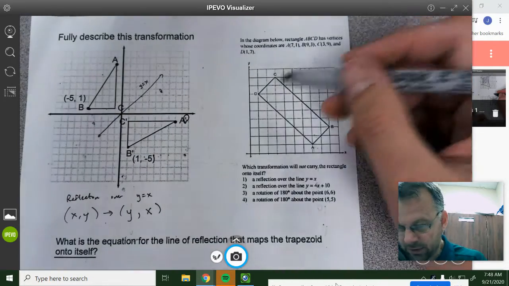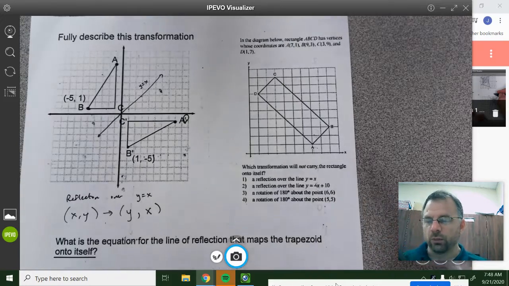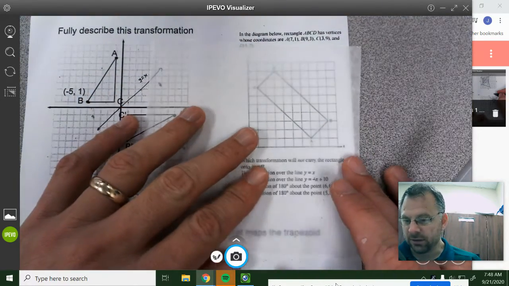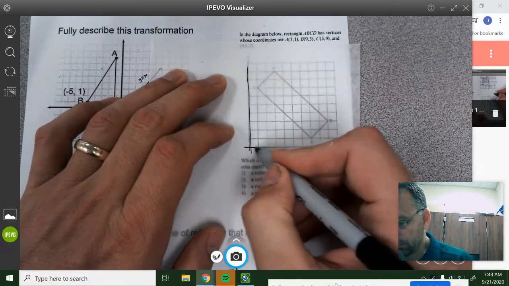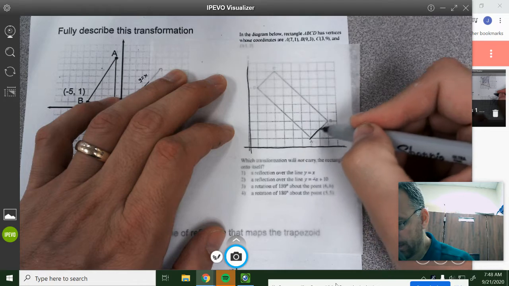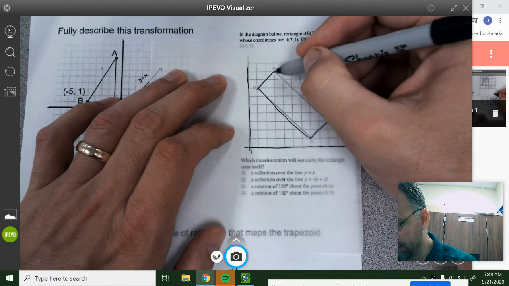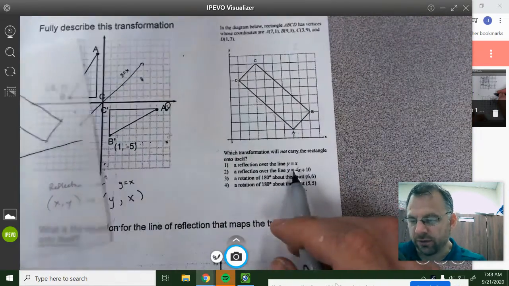Okay, we've got this diagonal, we've got this rectangle, and it says which transformation will not carry the rectangle onto itself. So I'm going to go ahead and draw this one here. Here's my original rectangle. It says a reflection over the line y equals x.